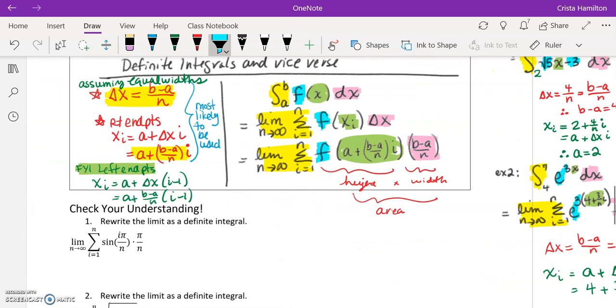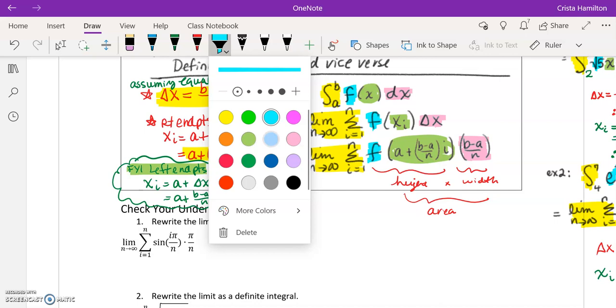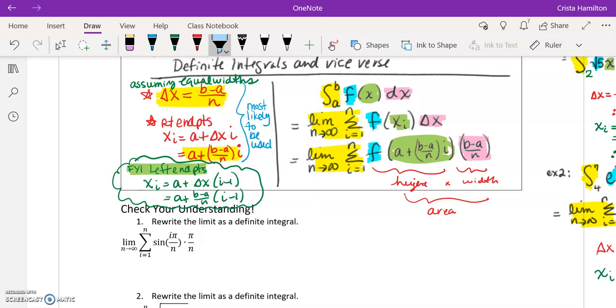Now, there's only one thing over here I did want to highlight, mostly because I don't think you're going to see that on the AP exam, but I thought I would put it in there: you do have a different formula if you do the left endpoint. The only difference when you're doing the left endpoint is that instead of i here, you have an i minus 1, because for the first rectangle you don't want to move over 1 times delta x.